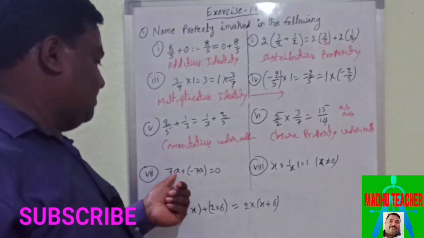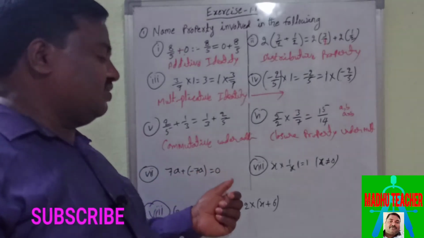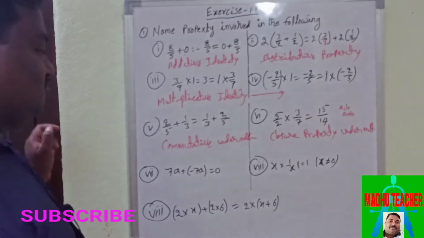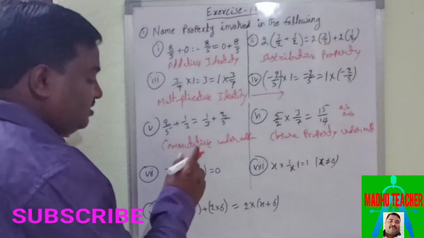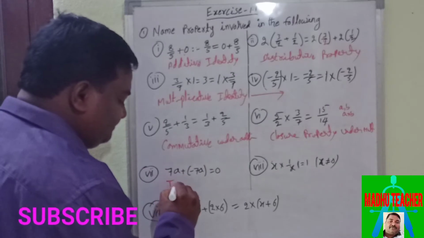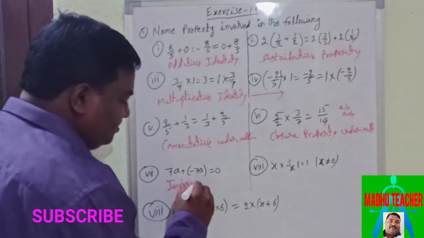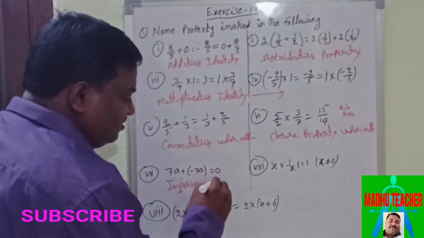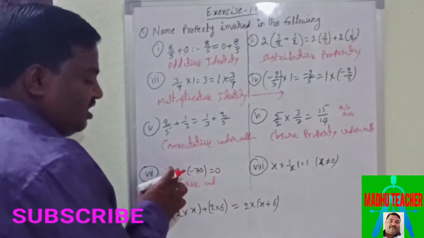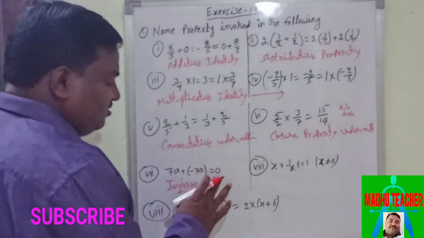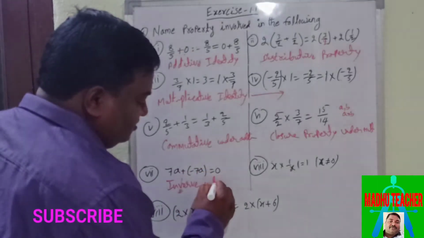Seventh one, 7a + (-7a) = 0. Sum of two rational numbers is 0. So it is inverse property. Additive inverse of 7a is -7a, under addition.